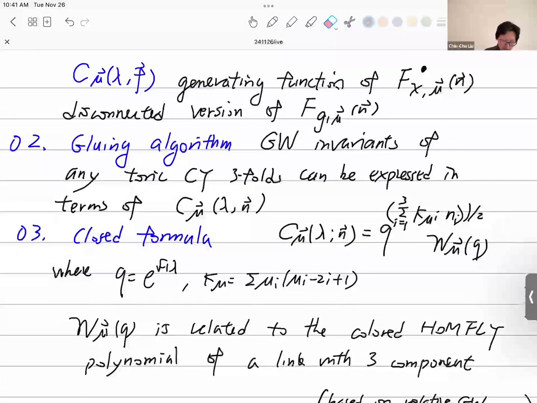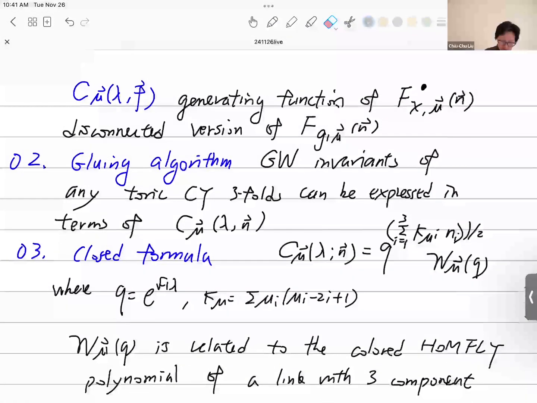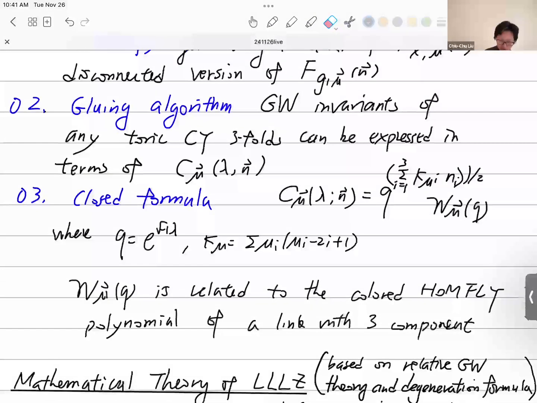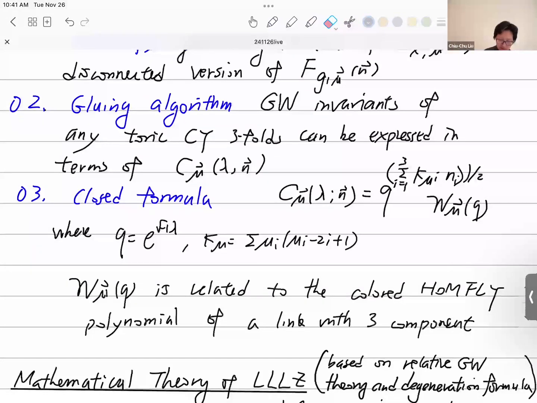Okay, and finally, it's most interesting. They actually provide a closed formula of this generating function, which is pretty amazing, with a sum over 3 partitions. So if we fix 3 partitions, like fix a collection of winding numbers and fix this framing, then sum over the genus, they provide a closed formula.